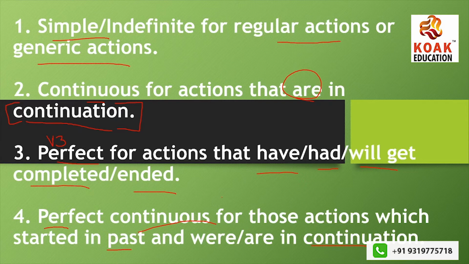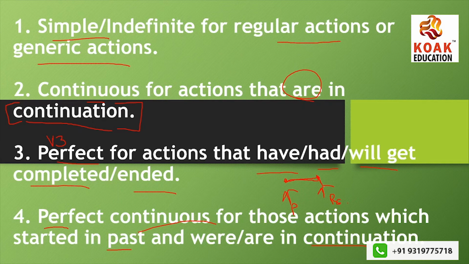See, for example, this is the timeline. I am here at present. This is my present. This is my past. Now, an action started here in past, was in continuation, and still has not completed. Or an action that started here, went on and has completed.